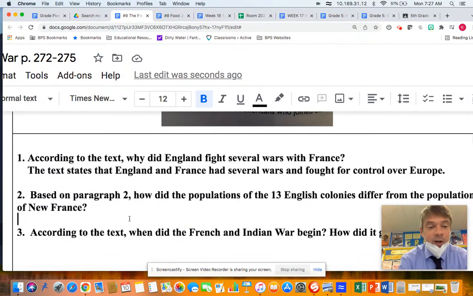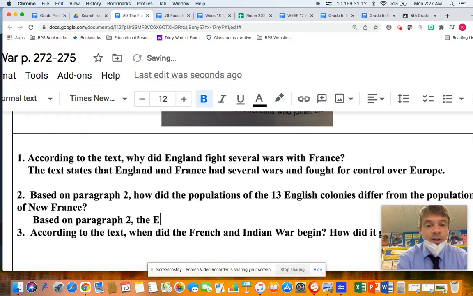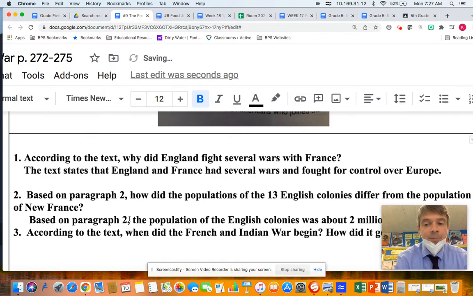So I'm going to start with the same sentence starter. Based on paragraph 2, the English, I'm saying the population. The population of the English colonies was about 2 million people.